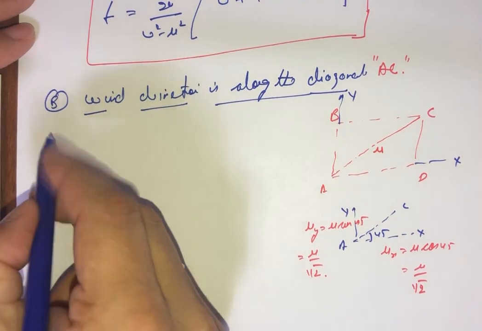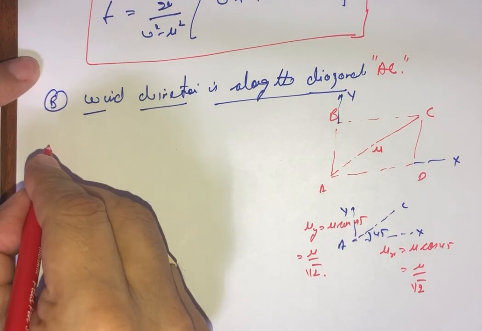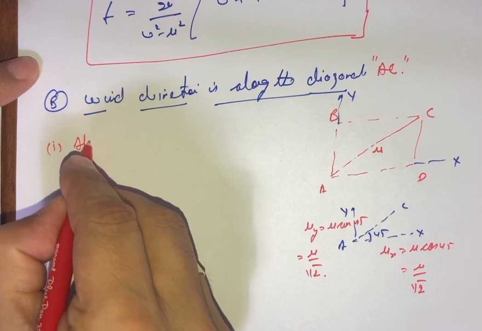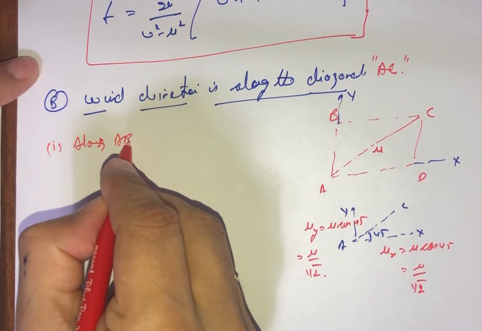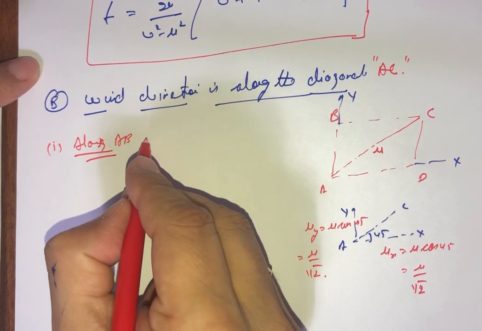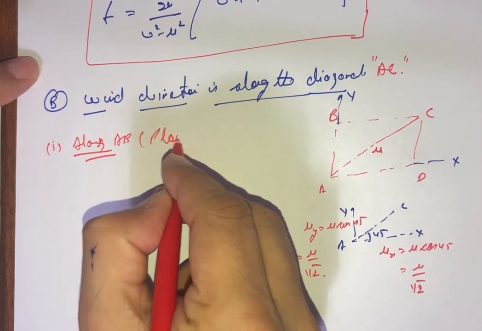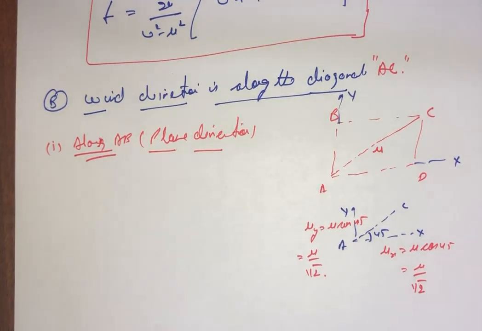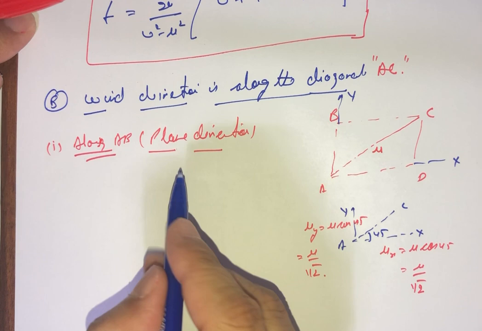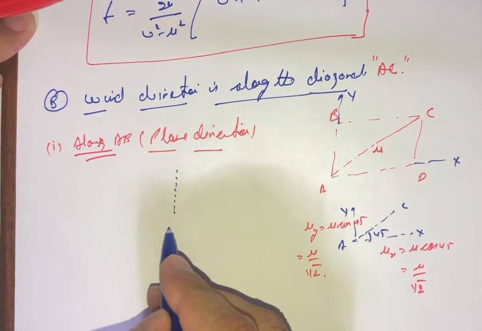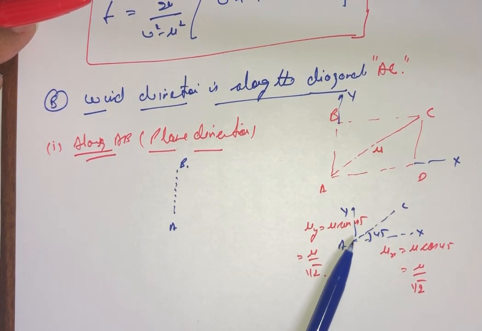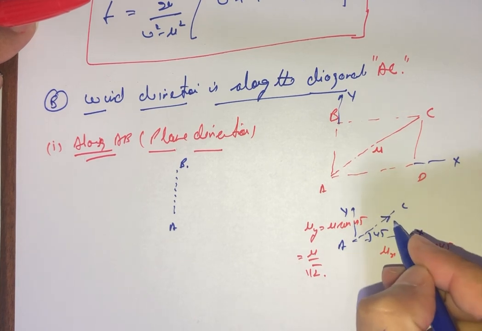So let us start by, we say along AB. Along AB means plane is flying along AB, plane direction. Now if the plane is flying, what we want, that plane should be flying in this direction AB, and we already know that this is in that direction u.